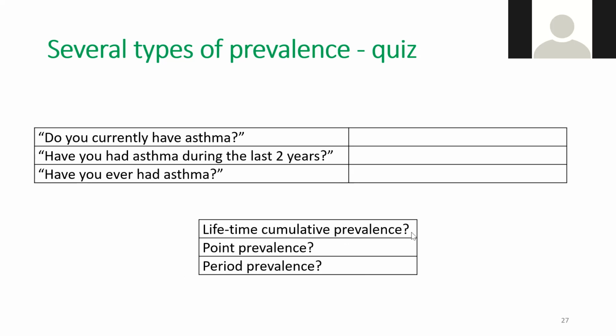And this is important because the way you ask the question will determine the type of prevalence that you are testing. And the reason I say this is because most of you know about the demographic and health surveys that are run usually about every 10 years, and they're some of our best information about incidence and prevalence.